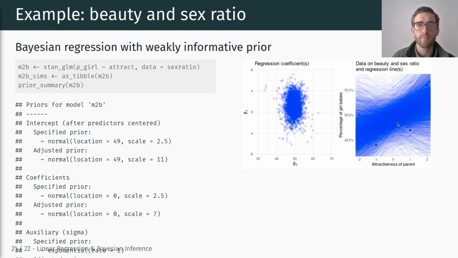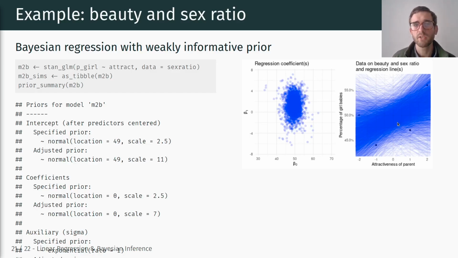Now, on the one hand, we can say, well, there is so much uncertainty that the model doesn't really tell us that there's a clear, strong effect, so that's fine. Why do we need to invoke priors?